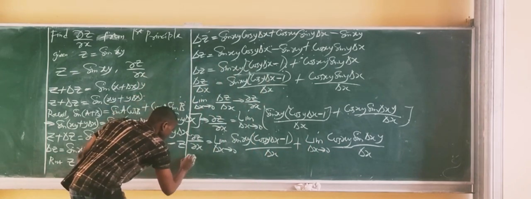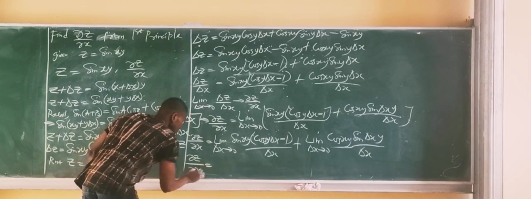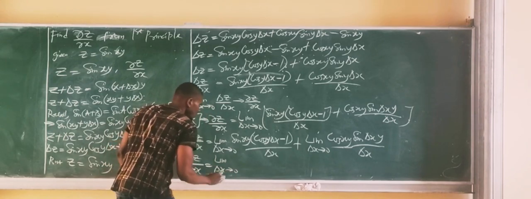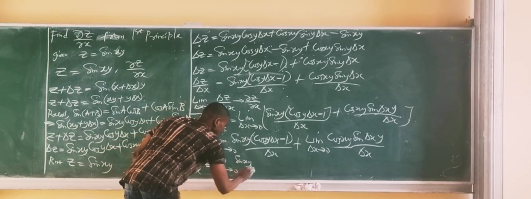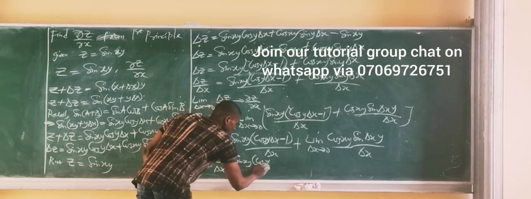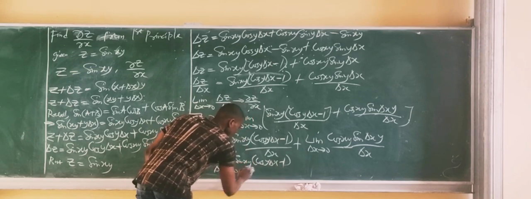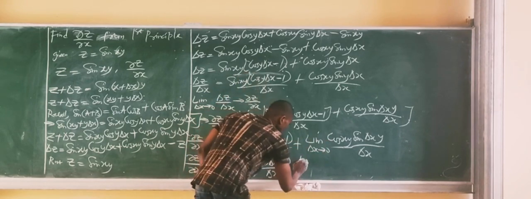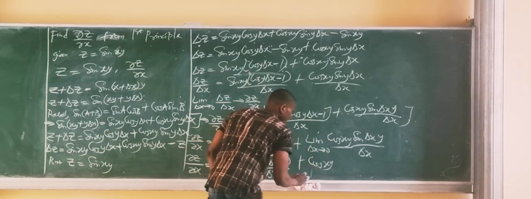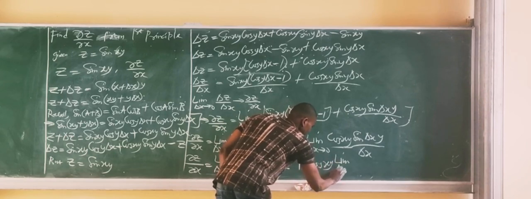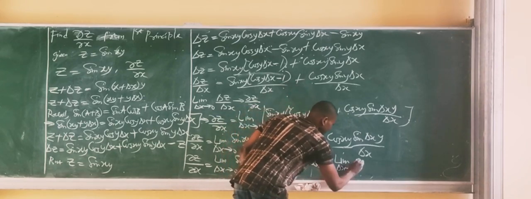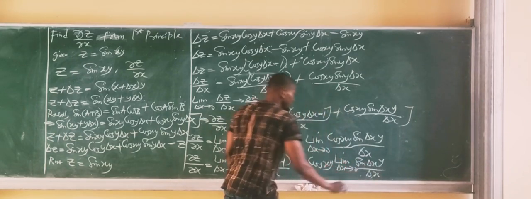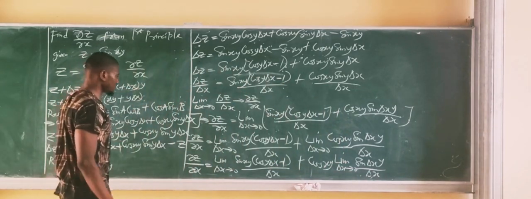So we're going to have that partial z, partial x is equal to the limit as change in x tends to 0 of sine xy into (cos (y change in x) minus 1) all over change in x, plus, bringing out cos xy, cos xy times the limit as change in x tends to 0 of sine (y change in x) all over change in x.